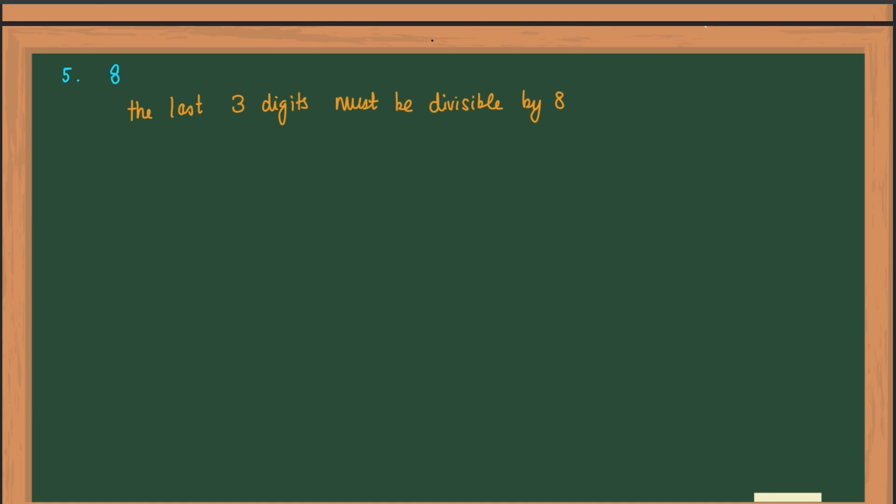What does it mean? It means that the last three digits, which we will be extracting from the main number, must get divided by 8, yielding no remainder. Let us see it through an example.